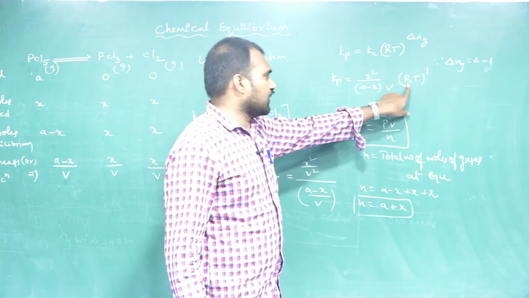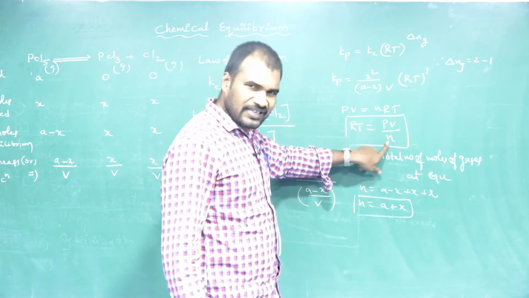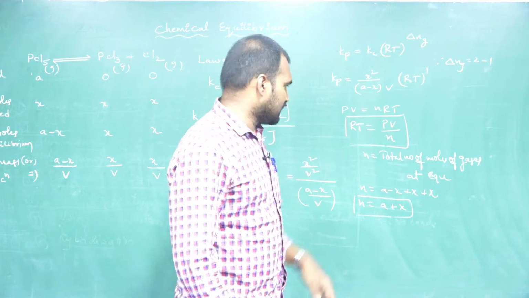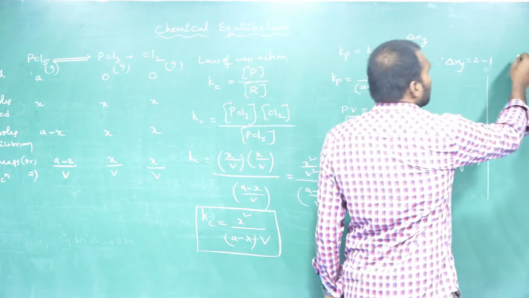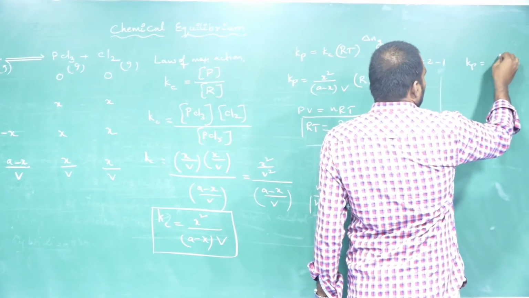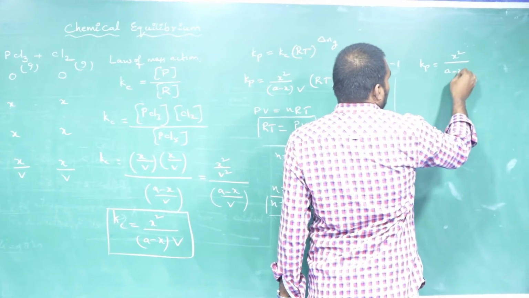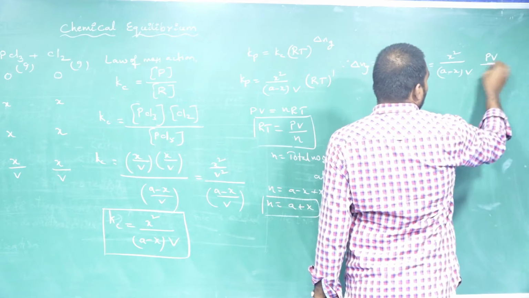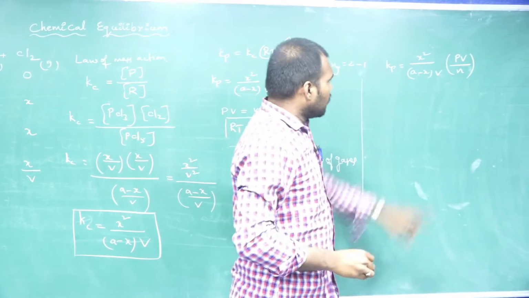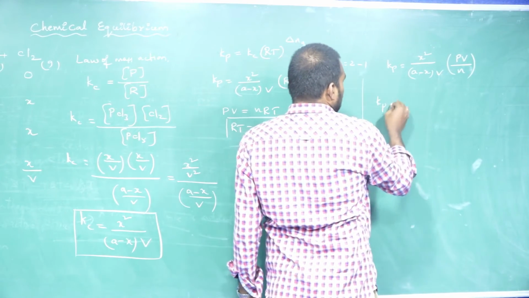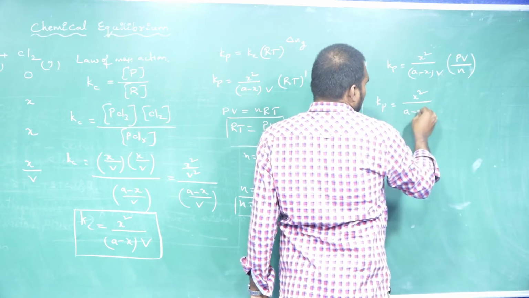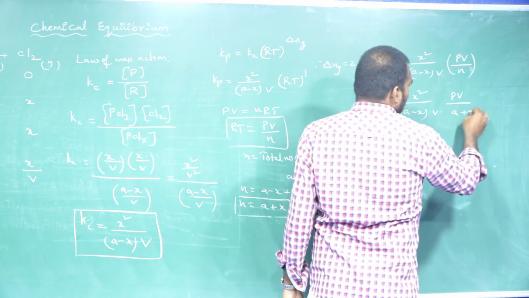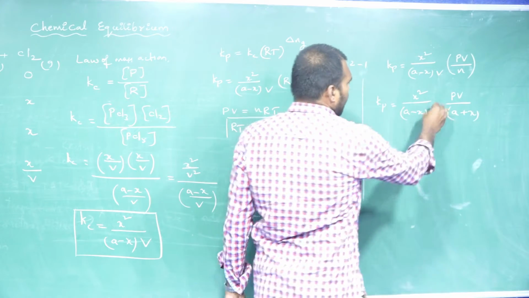Now in place of RT, I am going to substitute PV by N, and in place of N, I am going to substitute A plus X. Let us see. Kp is equal to X square by (A minus X) into V, and in place of RT we substitute PV by N, where N is A plus X. Now V cancels.